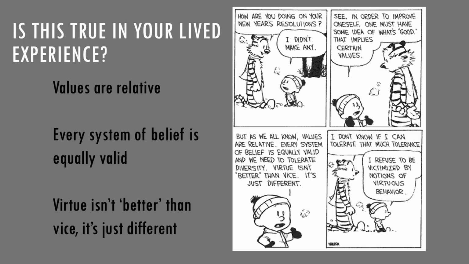So this notion very much that values are relative, and of course from postmodernism, this notion that every system of belief is equally valid, is absolutely what we see in an awful lot of the press. And this is something that the BBC in particular is constantly being called out on, the idea that the BBC has to be completely representative of all sides of the argument.